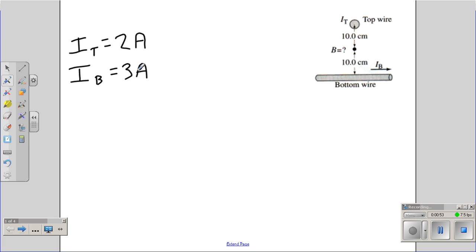So now what we want to know is, how does the magnetic field generated by a wire vary with distance? We have a very basic, simple equation for that.